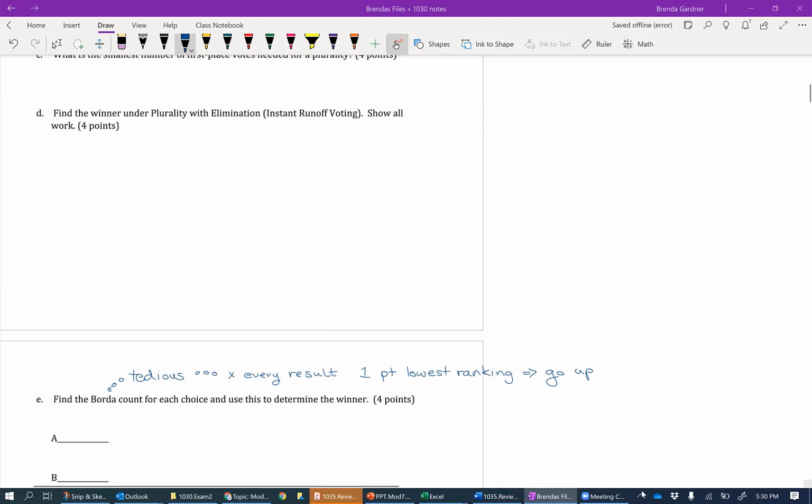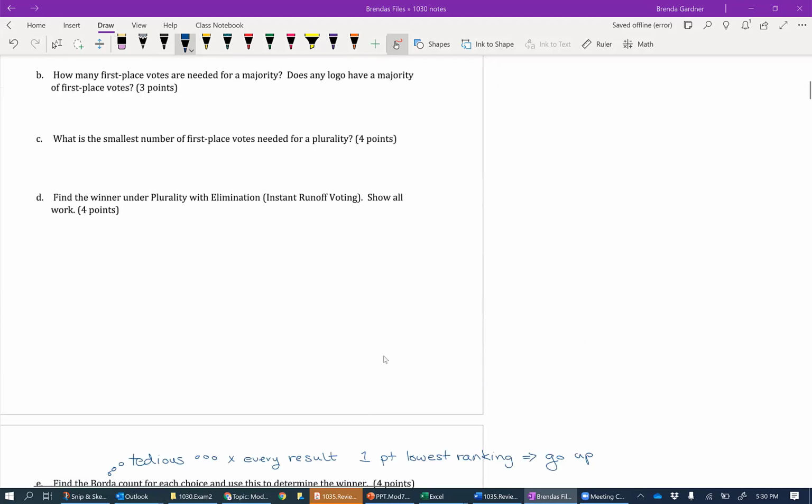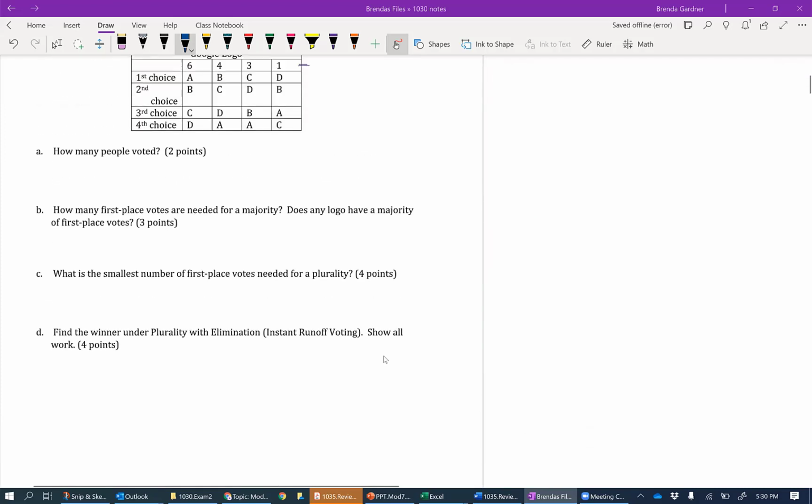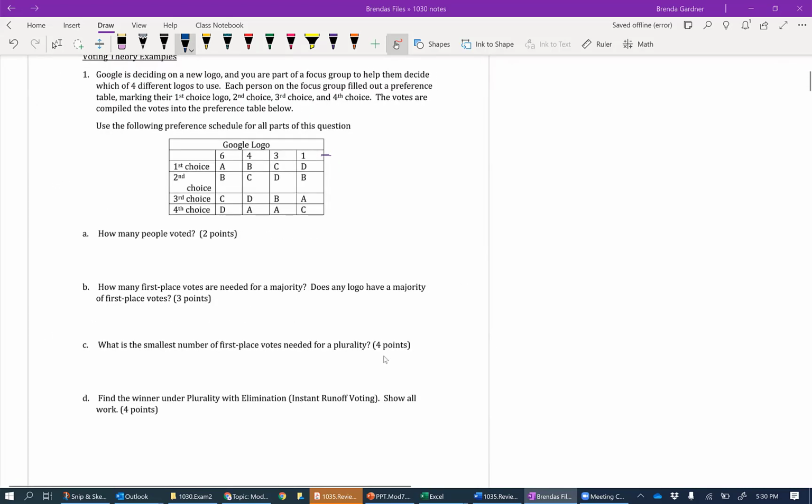The Borda count I actually got, I think it was the plurality that I was struggling with. Okay. Let's look real quick at the plurality, and then I still want to jump to finance and applying the formulas for you. But plurality with elimination, that's also called instant runoff voting.